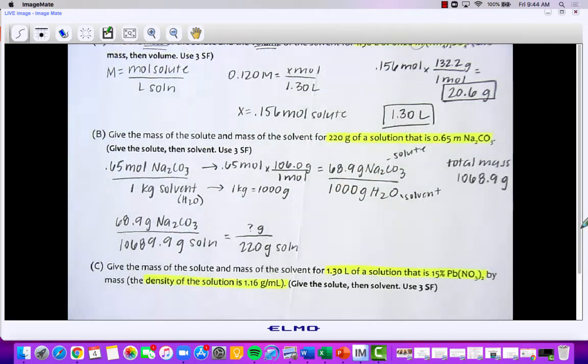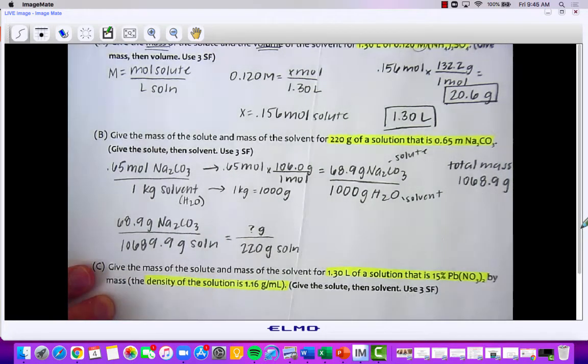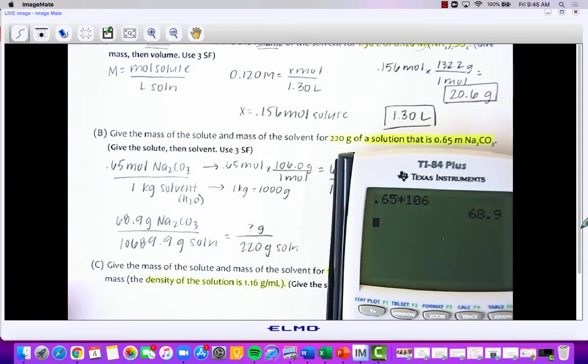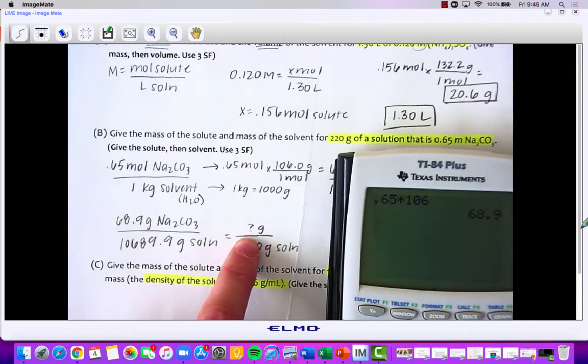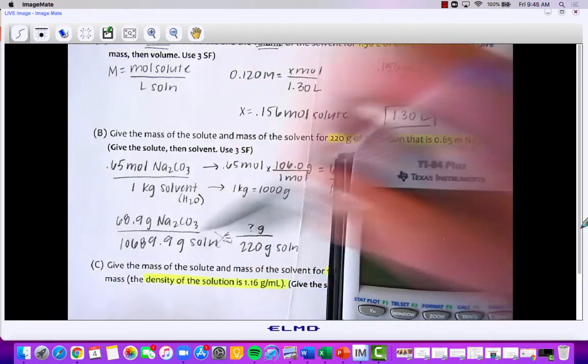So let's just set up a proportion. Try to figure out what this new amount would be. So I'm just setting up a proportion to say, okay, well, this is based on molality. This is how much solute we would have per solution, but if we change the amount of solution, what would we have? So remember, to solve for a proportion, we cross multiply.